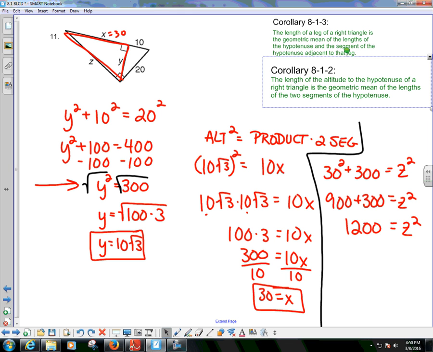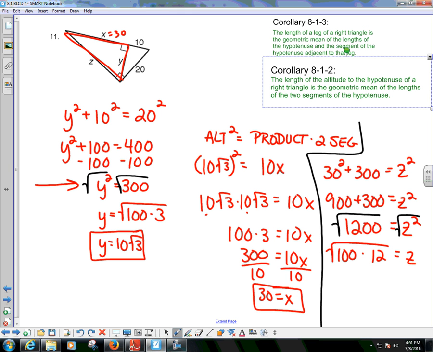All right. So I'm going to separate what I know. I need to take the square root of both sides. And I know that the square root of z squared is z. And I'm going to think about 1,200. I'm going to say 1,200 is 100 times 12.